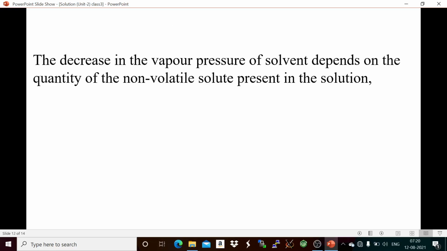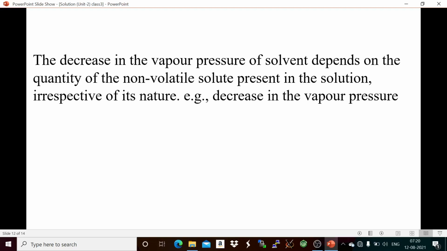The decrease in vapor pressure of the solvent depends on the quantity of the non-volatile solute present in the solution, irrespective of its nature. So this part is very important.